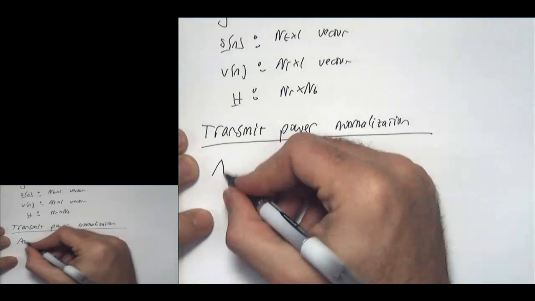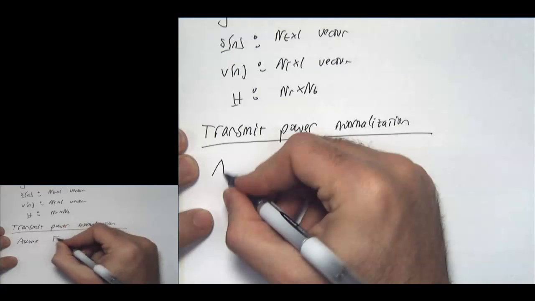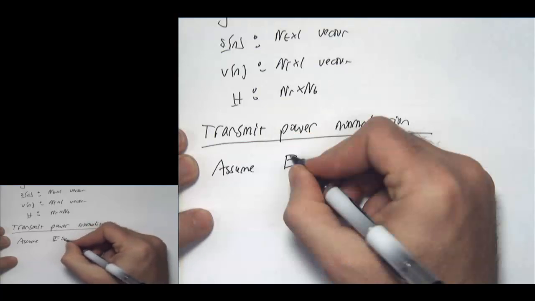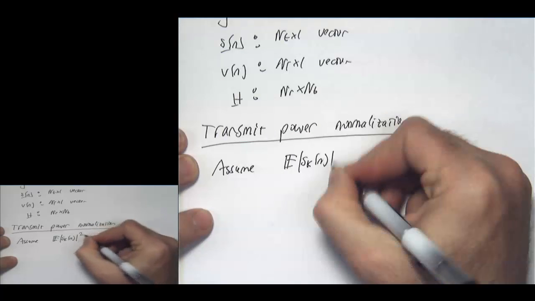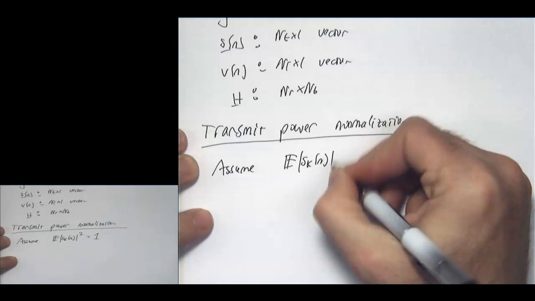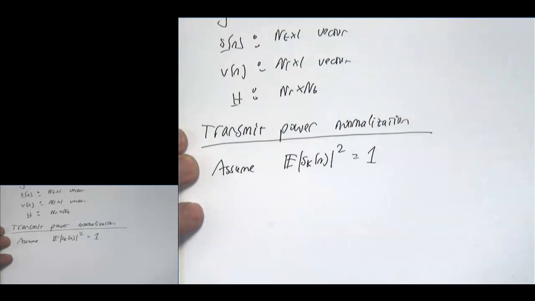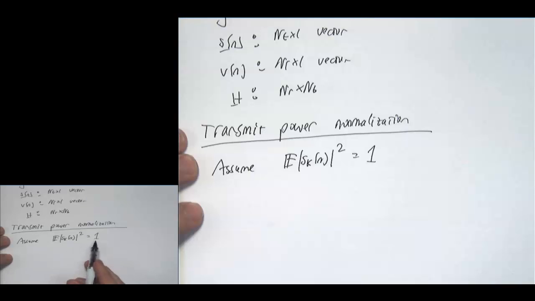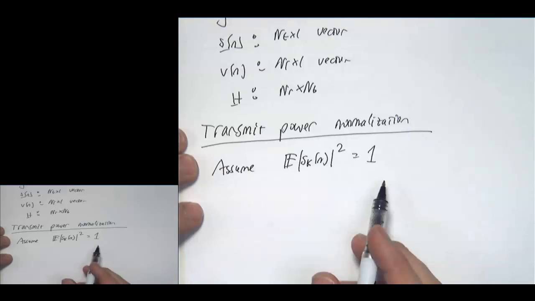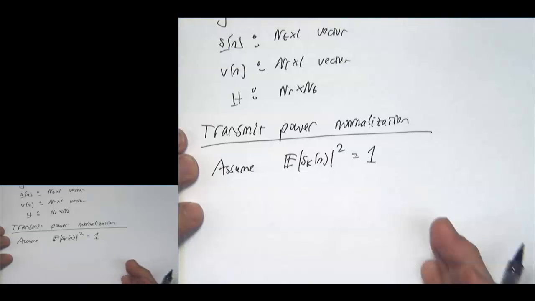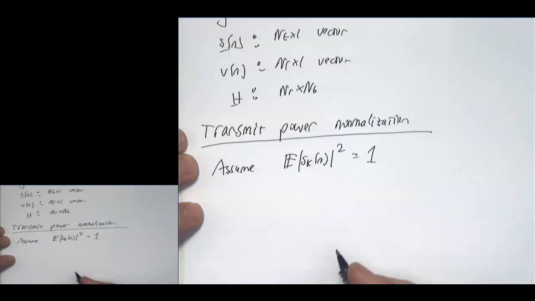So we're going to assume that each symbol sk of n has been normalized to have unit energy. This is just like the assumptions we always make. Now, in some places you'll see that the symbol energy is normalized to be 1 over nt. And that's why I have the factor of nt on the outside, as we'll see in a moment.